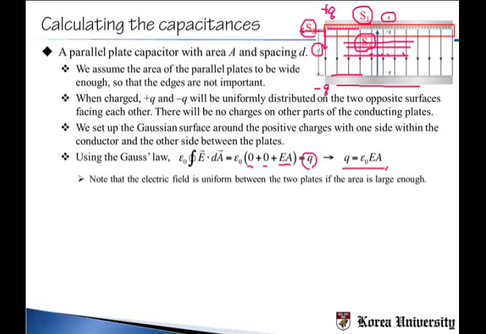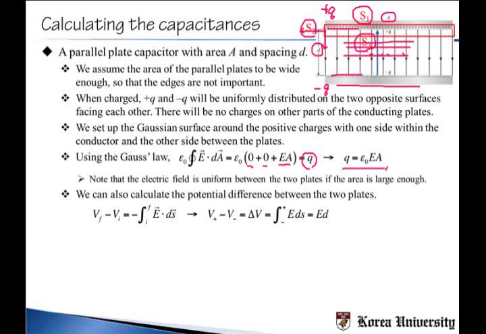Okay, and then let's calculate the potential difference between these two plates. Remember how we calculate the potential difference: here delta V is the potential difference between the positive plate and the negative plate. So you are integrating the electric field from the negative plate to the positive plate.